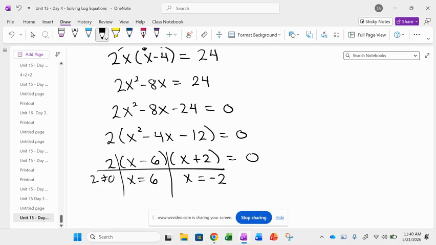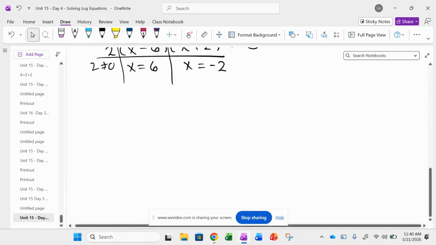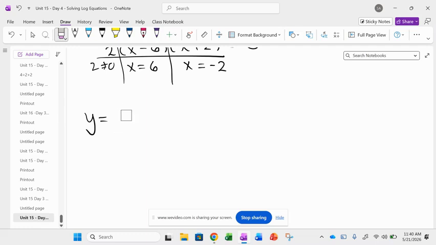So if you guys remember when you first started talking about the log equations, you had y equals b to the x, right? That was an exponential, and we could change that exponential into a log if we wanted to. And what was super special about the exponential is that, generally speaking, our exponent was the unidentified variable, right?